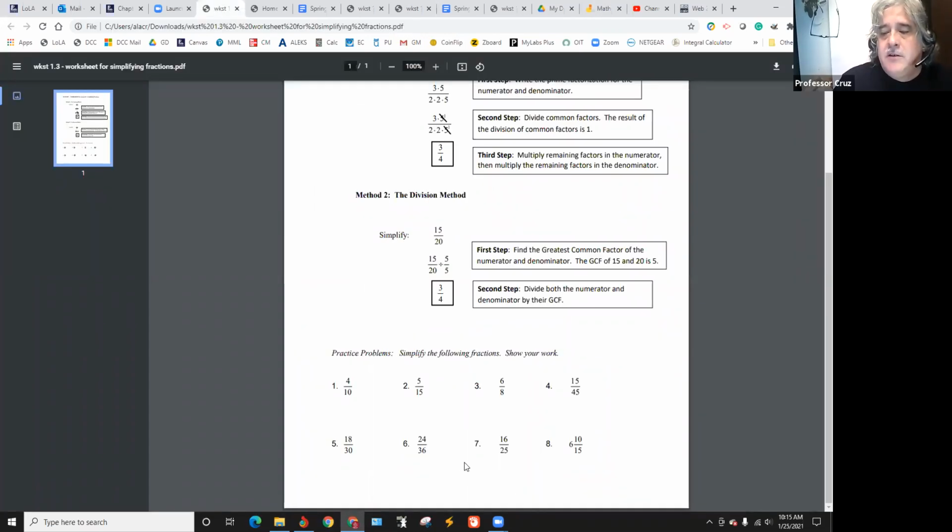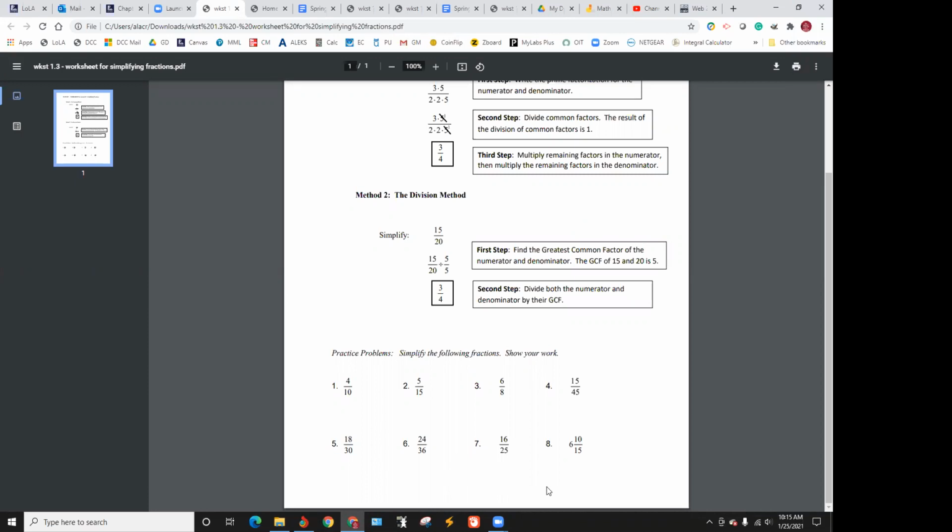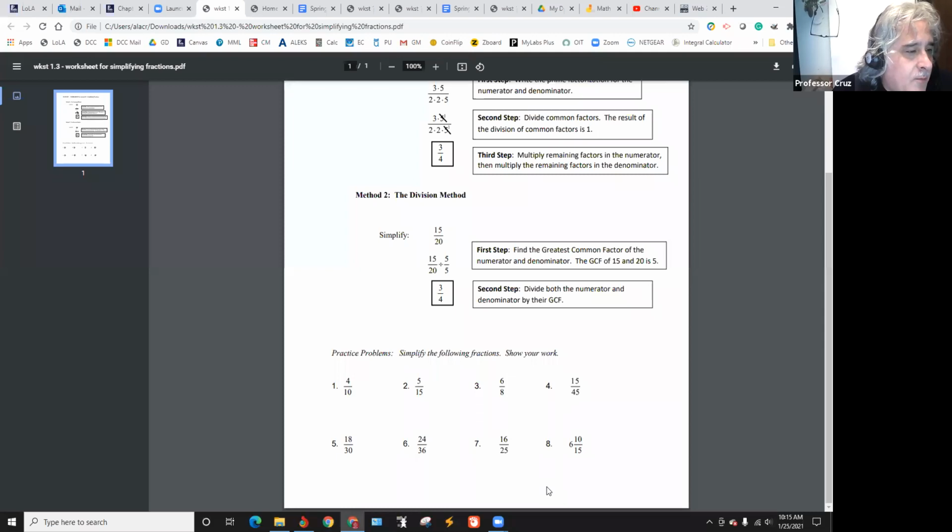How about number 6? 24 divided by 36. This is one of those, if you don't know your multiplication tables of things above 9 like me, I know a little bit about the 12s, but both 24 and 36 are divisible by 12, and that's the biggest one.